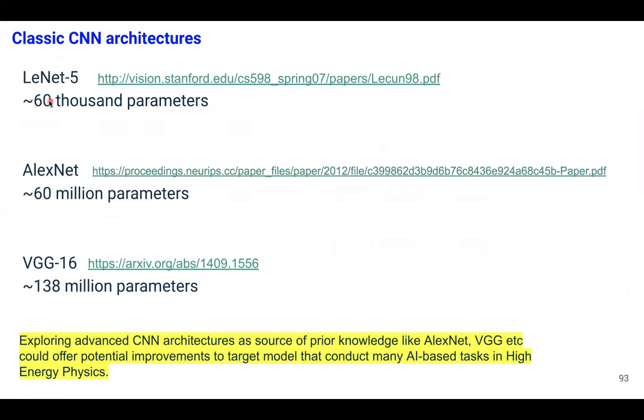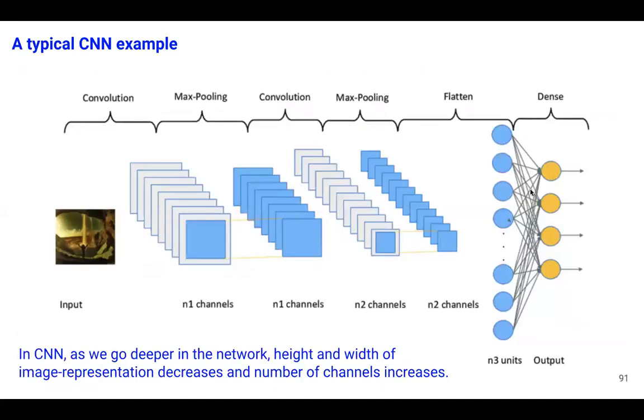From the number of parameters, you can already understand that they are extremely big and deep CNN models. And it is actually very difficult to draw VGG in one single slide. There are so many steps that if I want to draw it in this fashion, it doesn't fit in one slide.